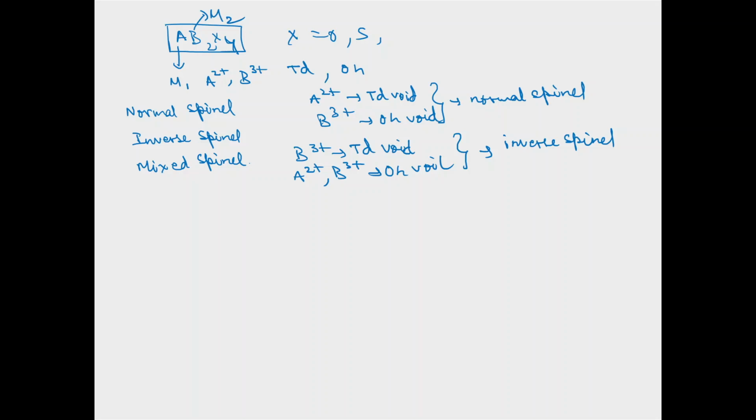Now, how will we know whether A2+ is going in the tetrahedral void or B3+ is going in the tetrahedral void? We can find this out by comparing their CFSE. What is CFSE? CFSE is crystal field stabilization energy.